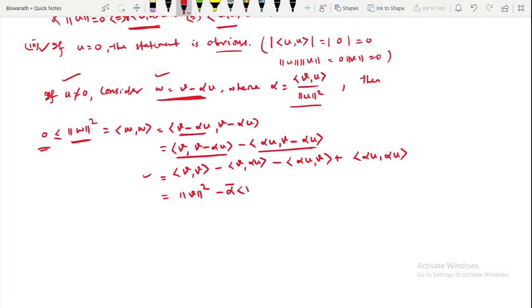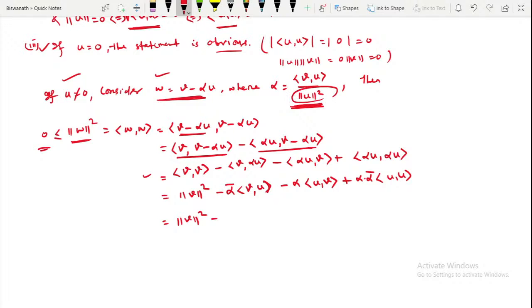So this will be alpha bar times the inner product v comma u, minus alpha times the inner product u comma v, and plus alpha alpha bar, u comma u inner product. Okay, and this is your norm v square, and here alpha is this one, so what will be your alpha bar, and norm u square is a constant.